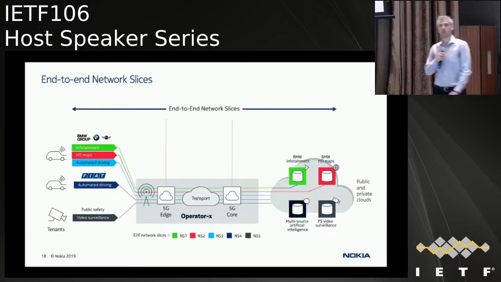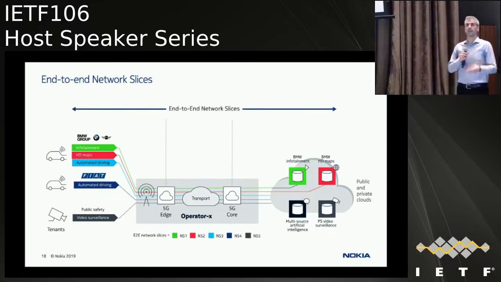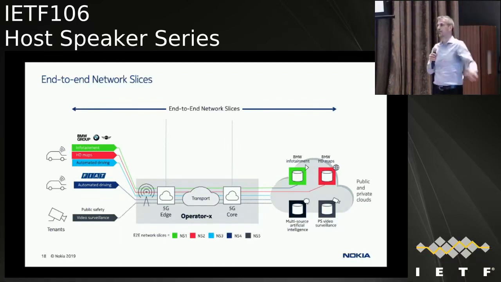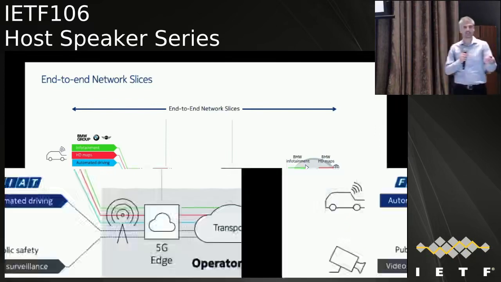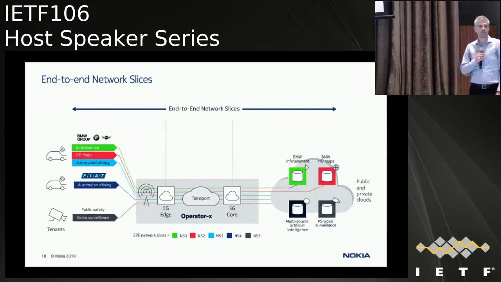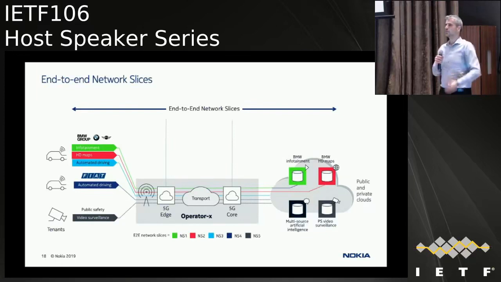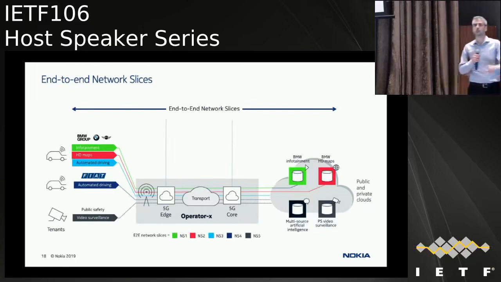When we talk about an end-to-end network slice, we are referring to a logically isolated, independent network from left to right. In this example, take the last one, public safety, video surveillance, CCTV. We are creating an independent network from left to right.